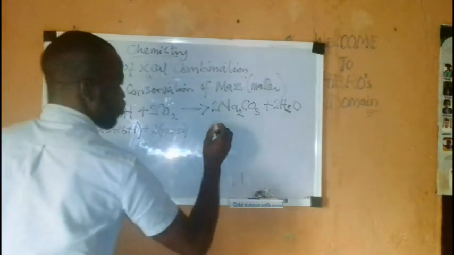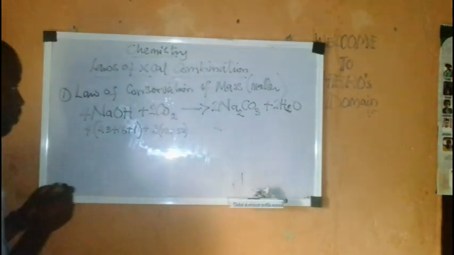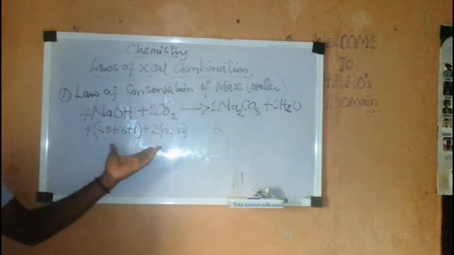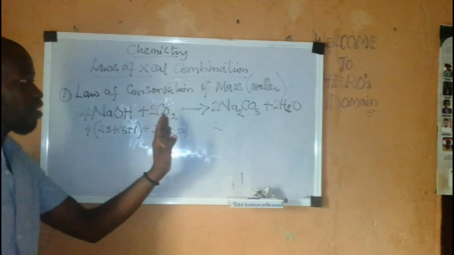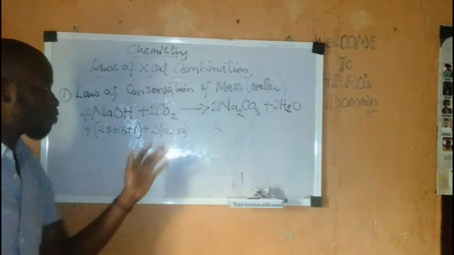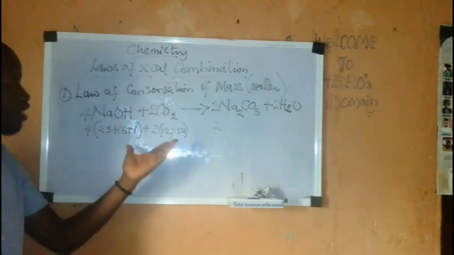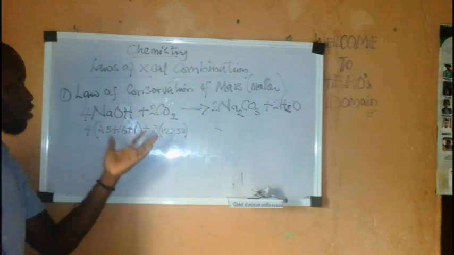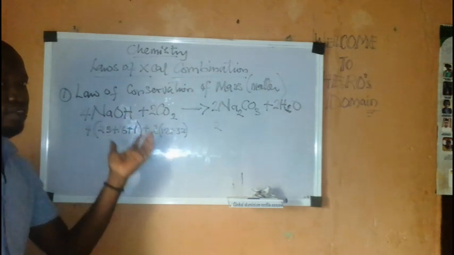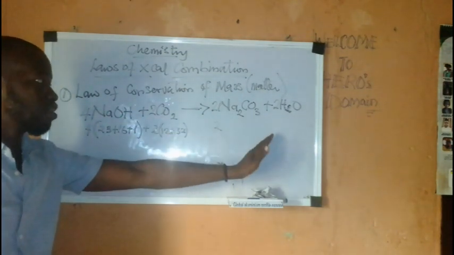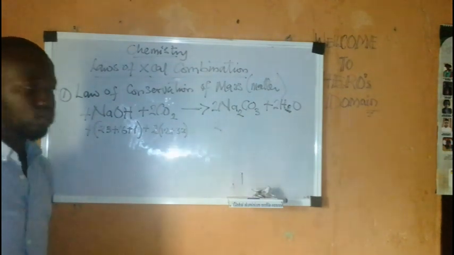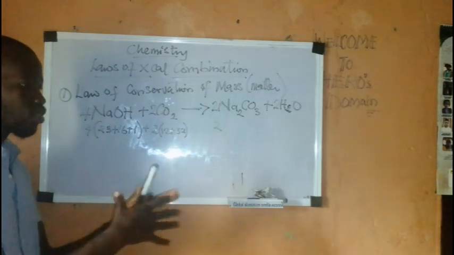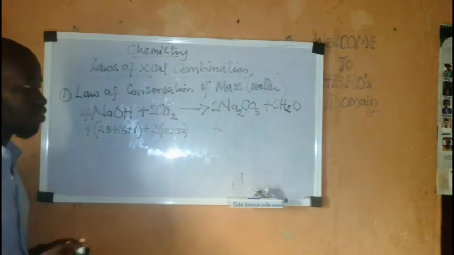Now our products. We are trying to prove whether this equation obeys the law of conservation of mass. We can do that by calculating the total mass of the reactants and the total mass of the products. If they are the same, it obeys the law of conservation of mass.